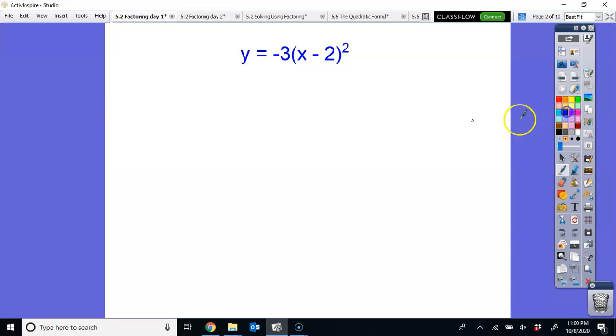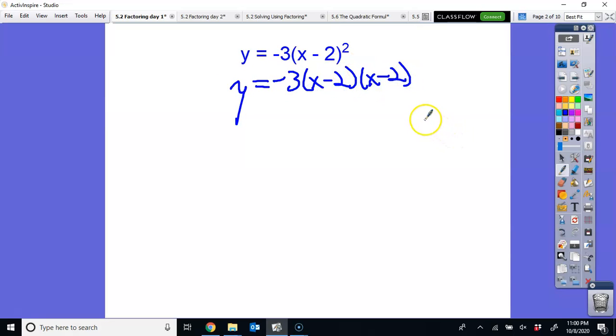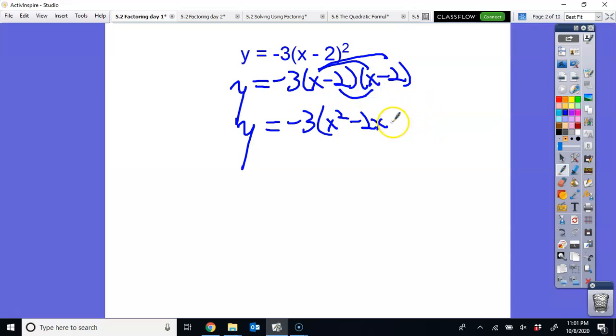Let's take a look at this one and let's multiply this together. Notice x minus 2 squared is the same thing as x minus 2 times x minus 2. So here's my FOIL method again. Notice what happens. X times x is x squared. X times negative 2 is negative 2x. Negative 2 times x again is another negative 2x.